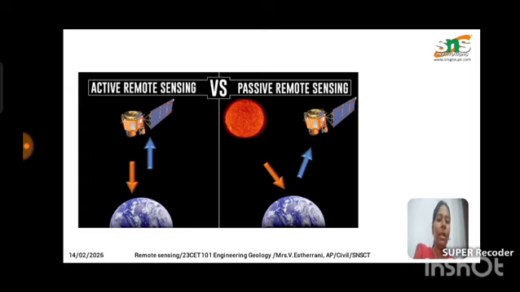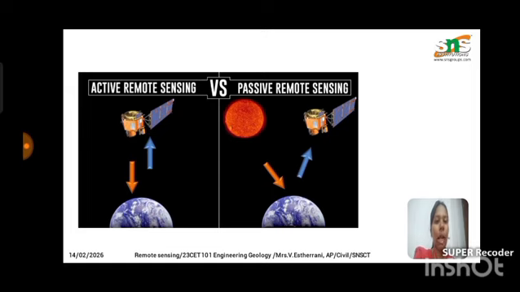Next one, there are two types of remote sensing. First one is active remote sensing. Second one is passive remote sensing. Active remote sensing is where the information is gathered from the earth surface and it does not require any energy source.